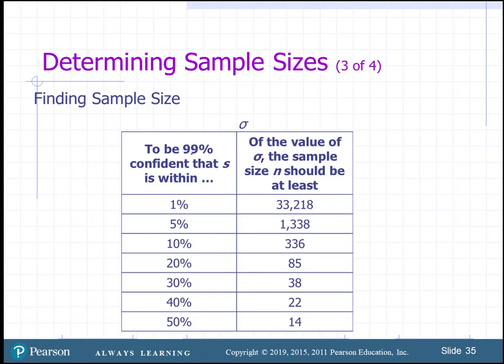If we want to be 99% confident to be within 5%, then we need at least 1,338. Those are the tables you need. They're on page 338 in your textbook. You might want to cut and paste or print out these two slides so you have them when you're doing your homework.